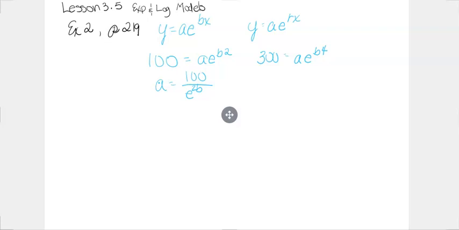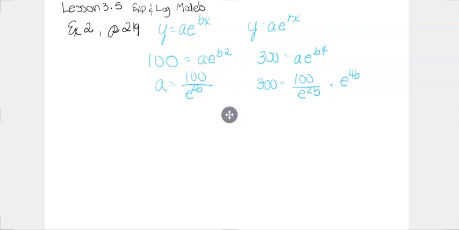Now that I know that, I can substitute 100 over e to the 2b into the second equation for the variable a. So I would get 300 equals, instead of a, I would replace it with 100 over e to the 2b, and then multiply that by e to the 4b.